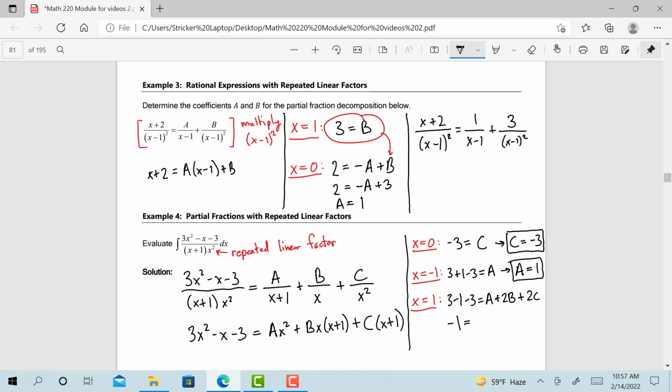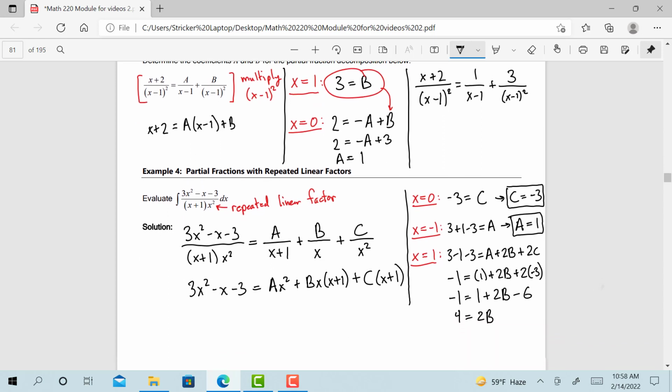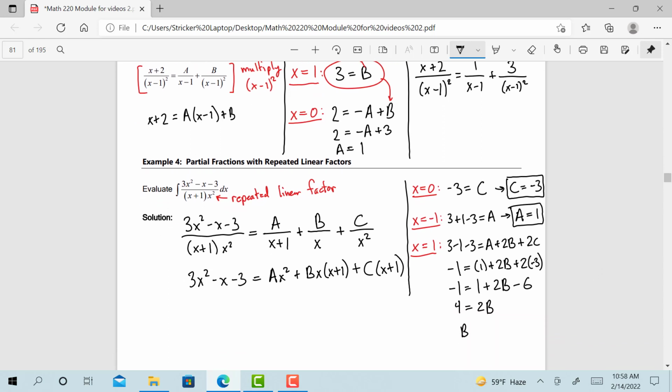We already know A is equal to 1 plus 2B, and we know that C is equal to negative 3. So we have 2 times negative 3. We're almost there. So we have negative 1 equals 1 plus 2B minus 6. Which gives us that 4 is equal to 2B, which means B equals 2.